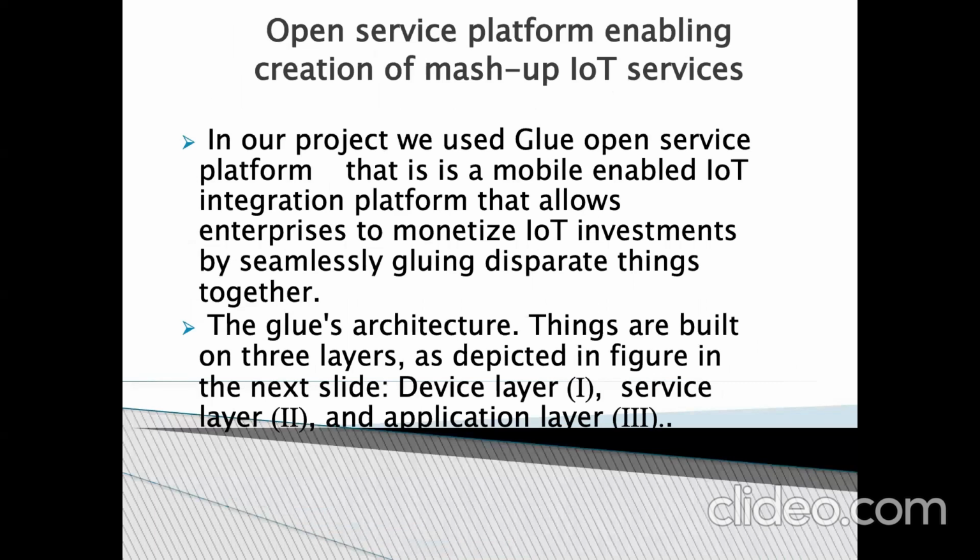Our open service platform enables the creation of mashup Internet of Things services. In our project, we used the Glue open service platform. It's a mobile-enabled Internet of Things integration platform that allows enterprises to monetize Internet of Things investments by seamlessly gluing disparate things together. And here the things are built on three layers: the device layer, service layer, and application layer. Next one, please.